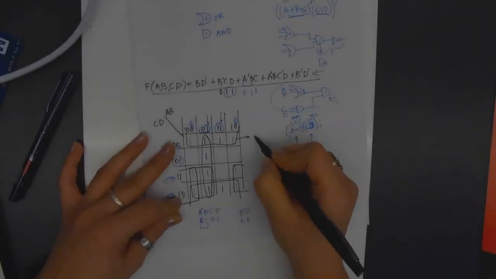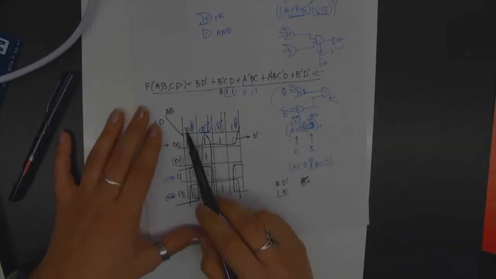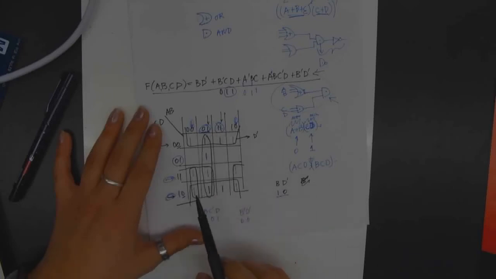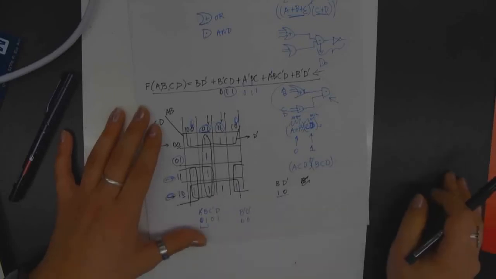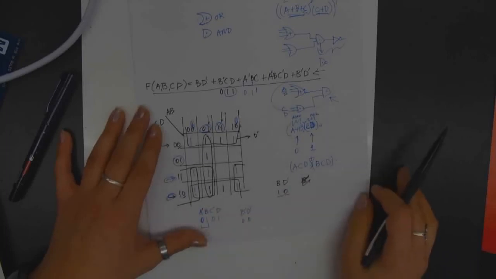And so D would come out as a D prime. And then all of these are changing, right? So that's it right there. Because A and B are always changing up here.